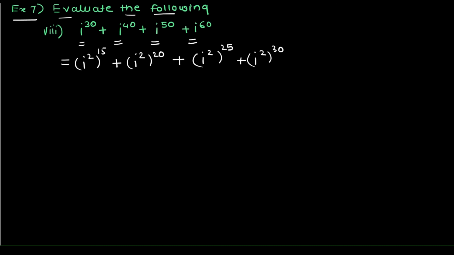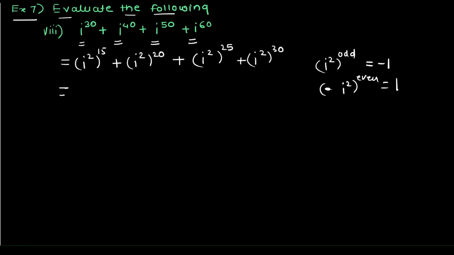Again we know that i squared to the power of an odd number will be equal to minus 1, and i squared to the power of an even number will be equal to plus 1.